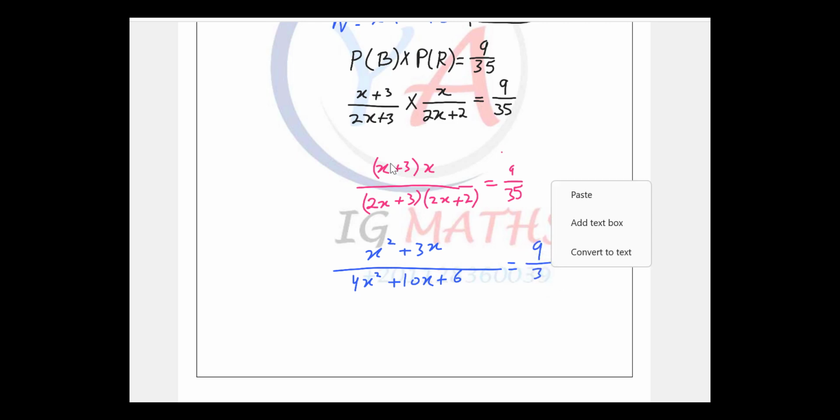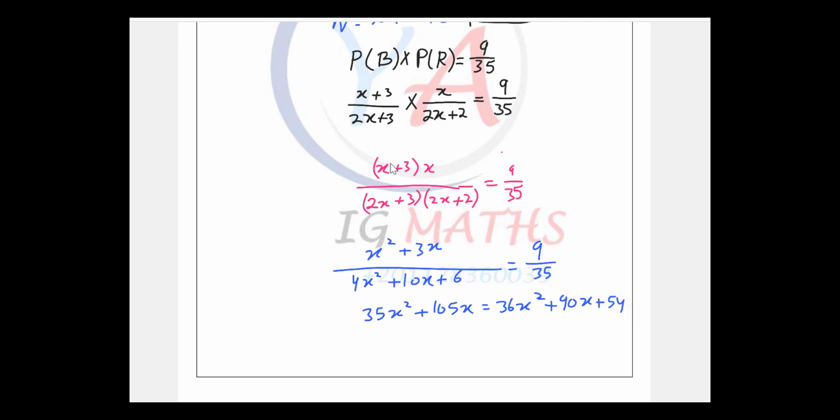If you multiply by 35, it will be 35x squared plus 105x equal to 36x squared plus 90x plus 54.